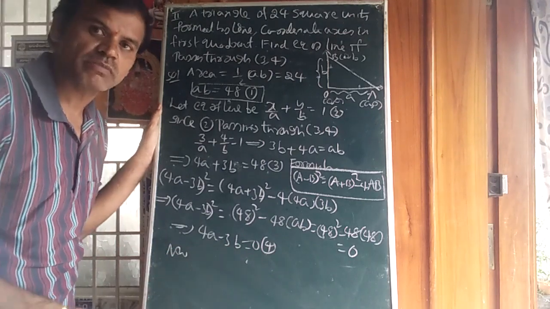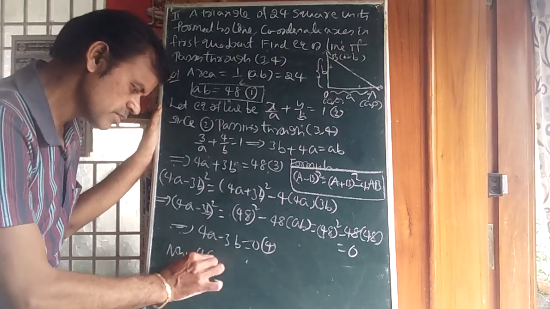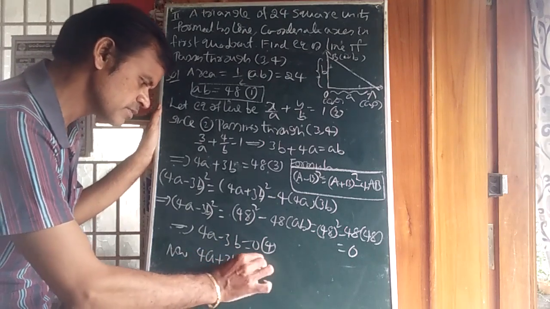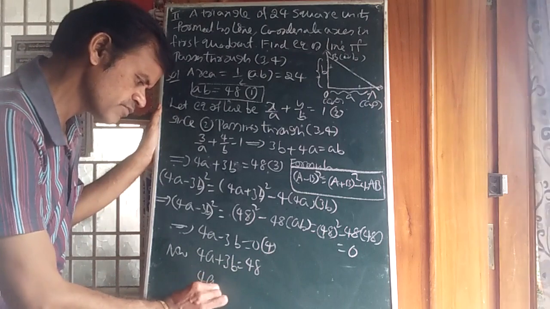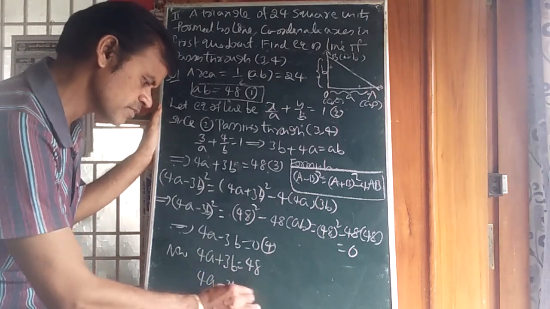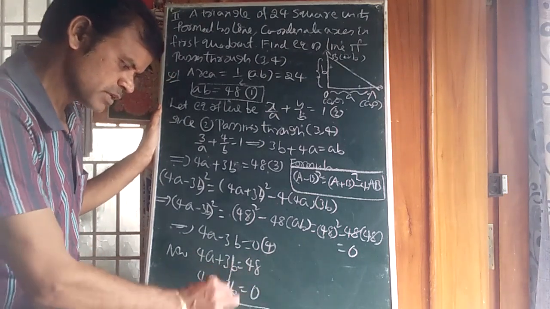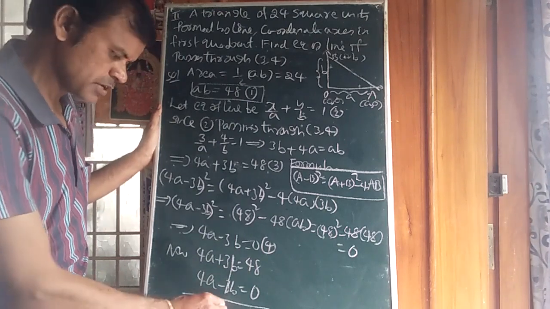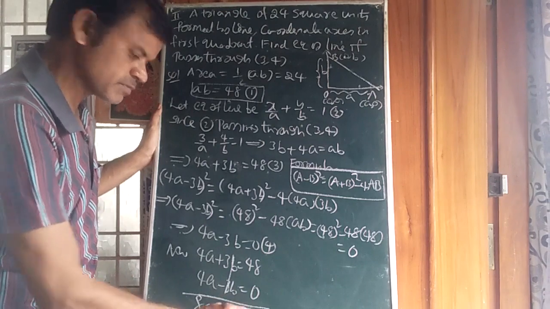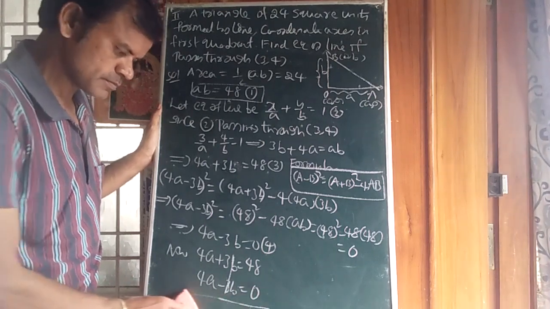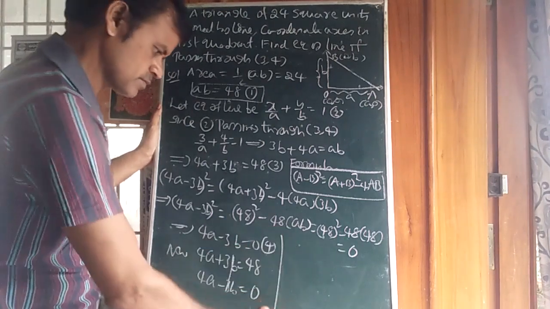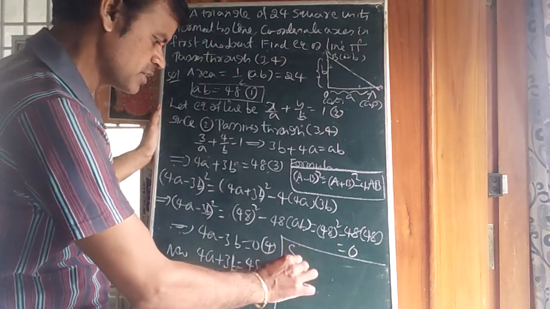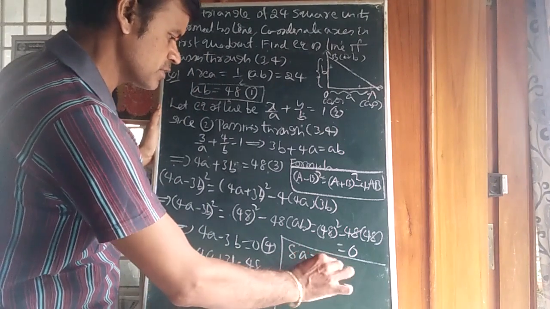Now write the third and fourth side by side and do the calculation. 4a plus 3b equal to 48. And here 4a minus 3b equal to 0. 3b gets cancelled. Adding, it becomes 8a equal to 48.